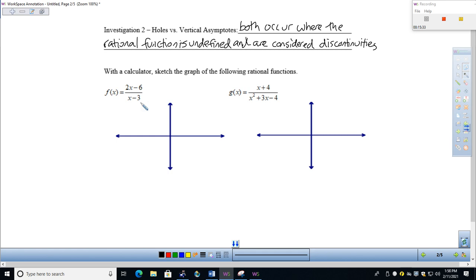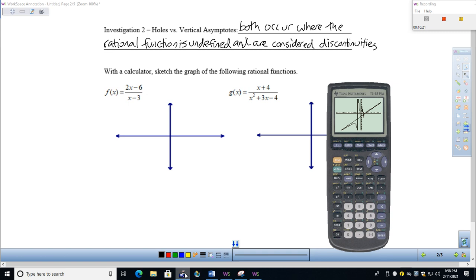So the first thing that I see, based on just yesterday's lesson, is an x minus 3 in the denominator, so that would lead me to believe that there is a vertical asymptote at an x value of 3, so a vertical boundary when x is 3. But watch what happens here, and then we'll discuss why that might be. So we'll graph it, we'll sketch it, and then I'll show you what I'm looking for in this particular case.